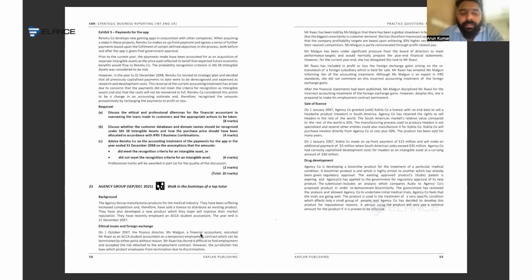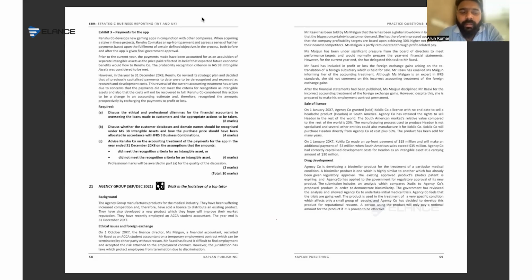The same way, Mr. Malgun is a financial accountant, even his salary is based on the targets. So it's a kind of intimidation threat that happens here. And as a result, they are misstating the financial statements for their own sake. So we can mention self-interest threat as well as intimidation threat here.